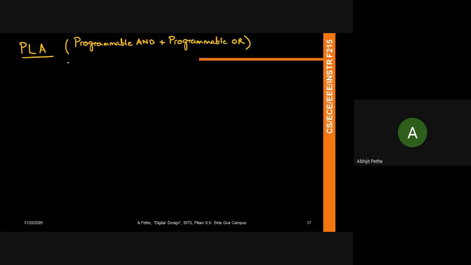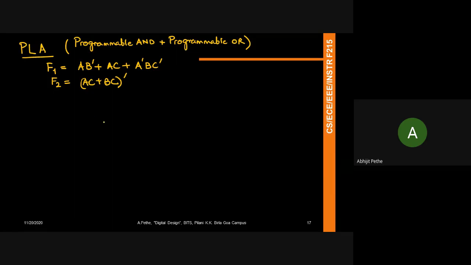So let's say we want to implement the following functions. Say we want to implement F1 as the following function, and we want to implement another function, say F2. So this is the function I want to implement. Now let's think about what this programmable chip looks like.